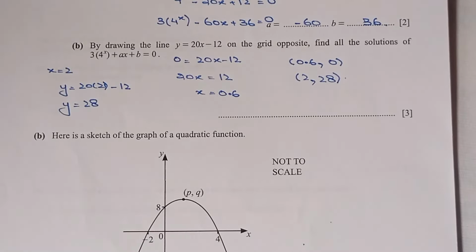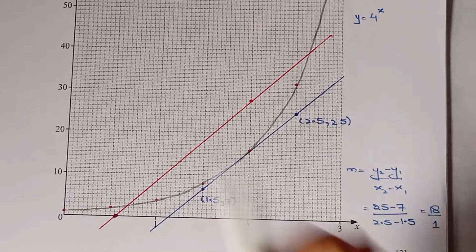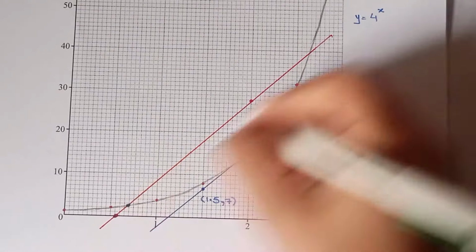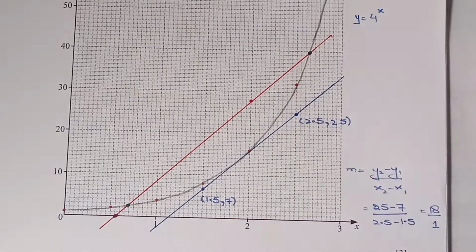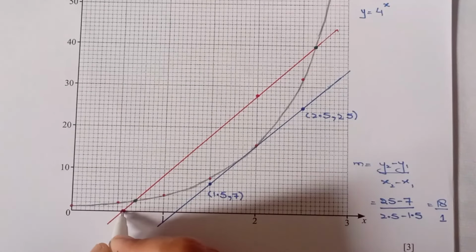Now they said we need to find all the solutions of this equation. Okay, so how can we find all the solutions? It means we need to find at what points this red line cuts the curve. As we can see, it cuts the curve at this point and at this point. So let me find out the values for x and y. 0.5, 0.6, 0.7, 0.8, 0.9.